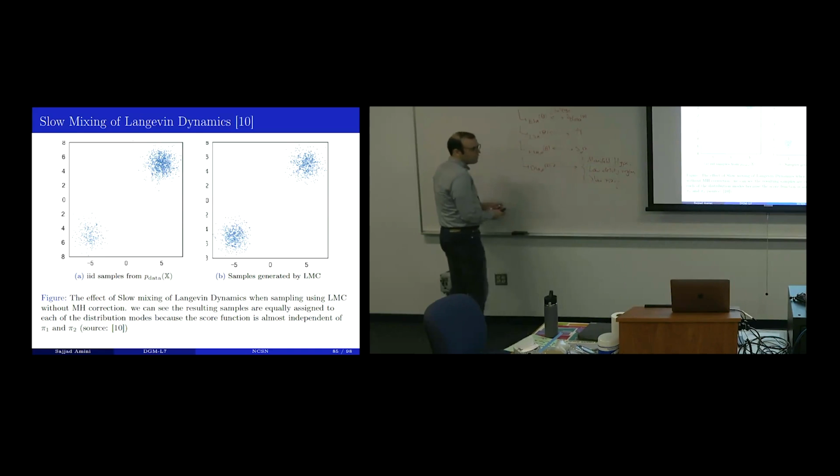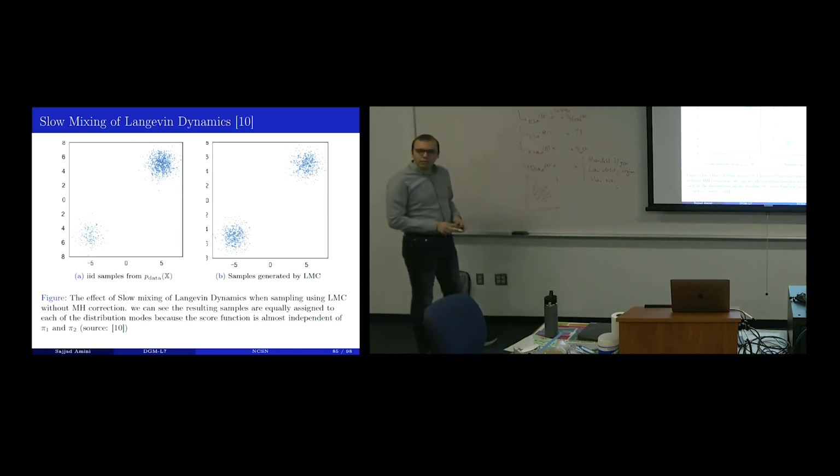What is the problem here? I start with several samples of Gaussian distribution. These are initial samples, okay? Then I have a trained model, okay?